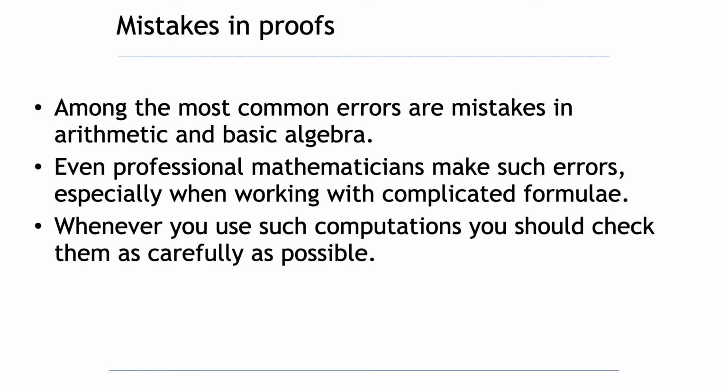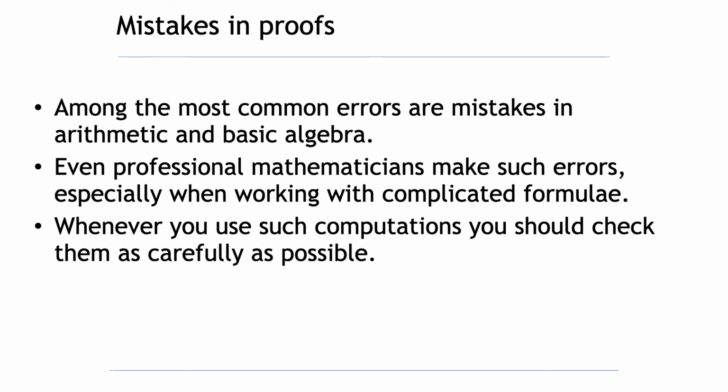Now, let's see some mistakes that sometimes we can make when we are creating proofs. The most common errors are mistakes in arithmetic and basic algebra. Even professional mathematicians make such errors, especially when working with complicated formulas.